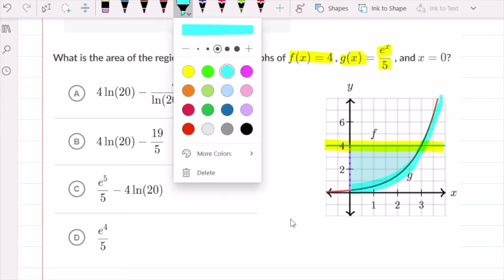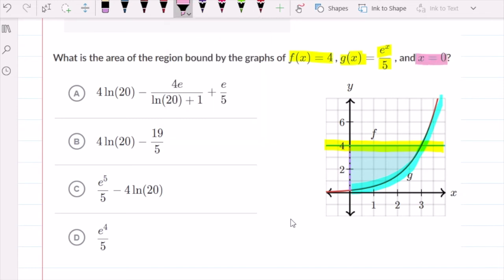The third one is an equation for a straight line, x equal to 0, and we know that x equal to 0 is a vertical line, the y-axis. So we need to find the area enclosed by these three curves.